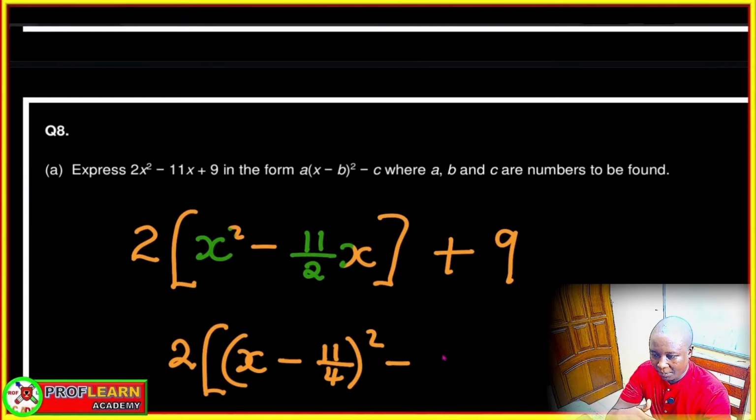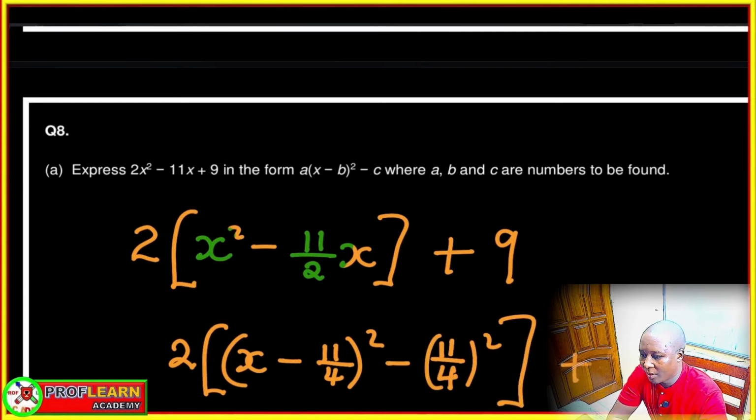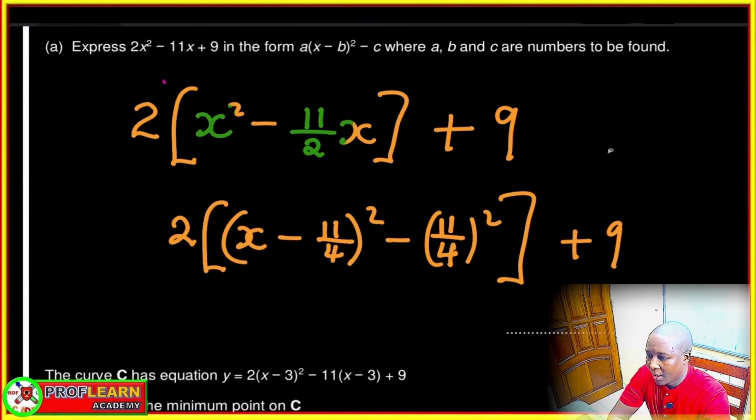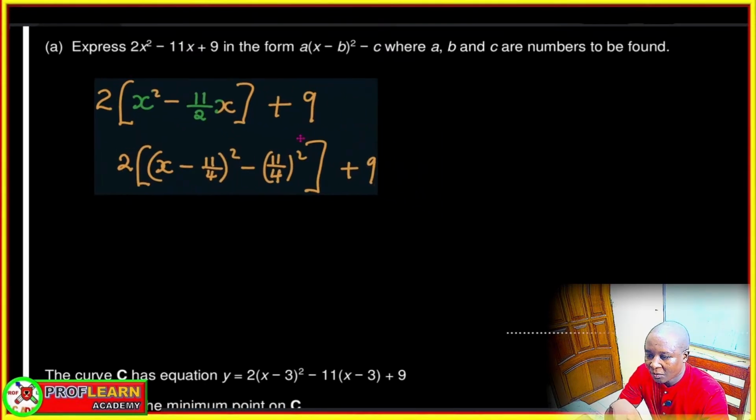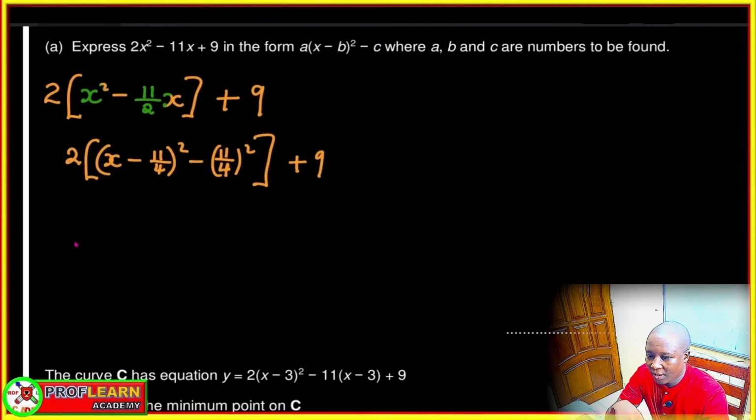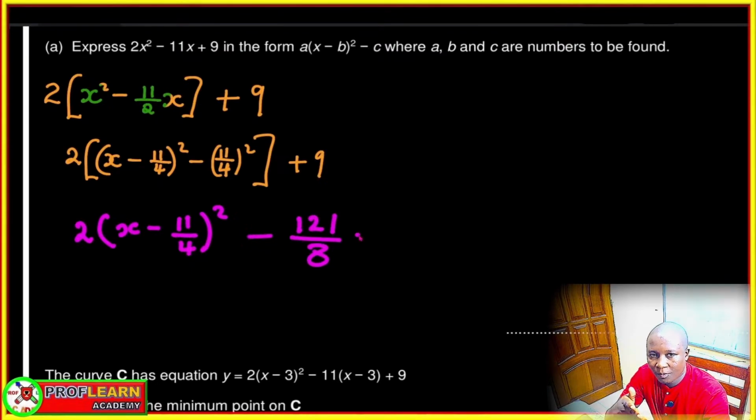So we shall have subtract 11 over 4 squared, and then we shall say plus 9. Now, we are going to open the bracket, and then we shall have 2 times the square of 11 over 4. Then we shall add 9 there. Simplifying this expression, this is going to be 121 over 16, but times 2, because 2 divided by 16 will be 8, then plus 9.